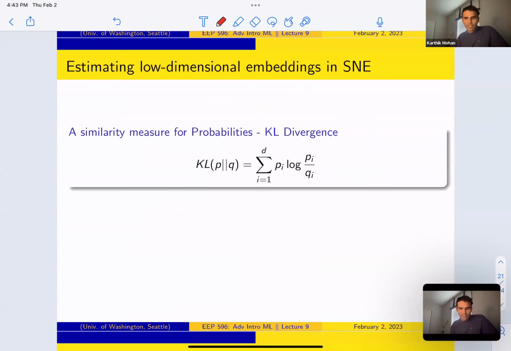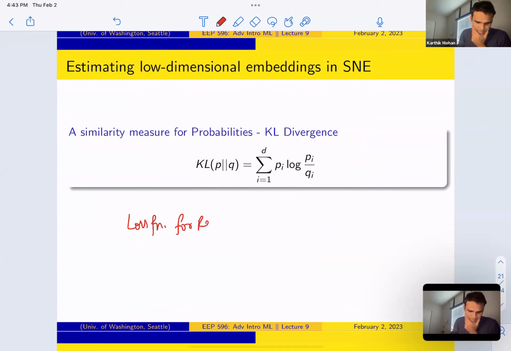So let's look at a little bit of the math and the loss function bit here. Loss function for regression, like we said, was, what was this? Quadratic, right? So you have quadratic loss function. Loss function for classification, what is this?